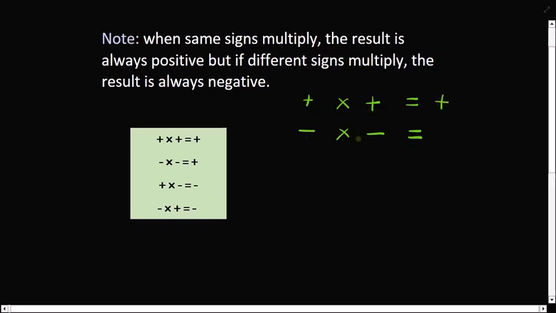As minus times minus multiply, the answer is still always positive. So the hack here is when same signs multiply, the answer is positive. When we have different signs multiply, such as plus times minus, the answer is negative. Or minus times plus, the answer is also negative. So what I want you to take note of is that when different signs multiply, you have a negative answer. But when same signs multiply, you have a positive answer.